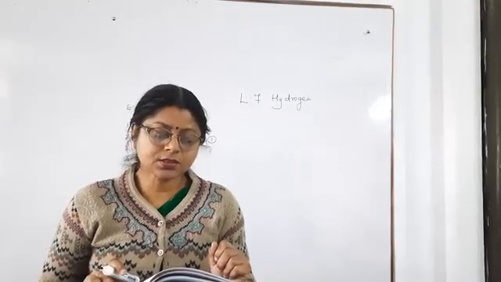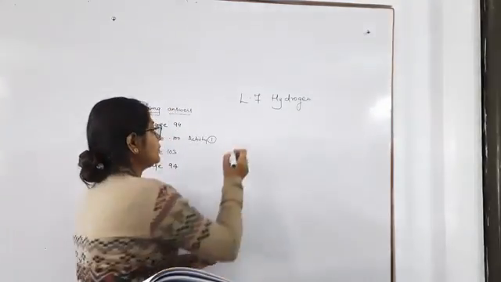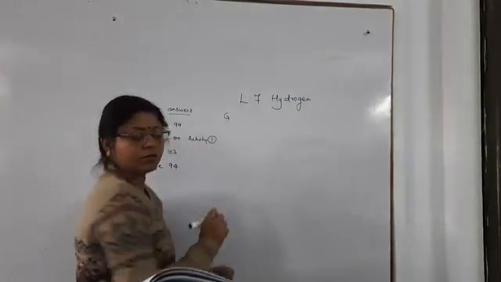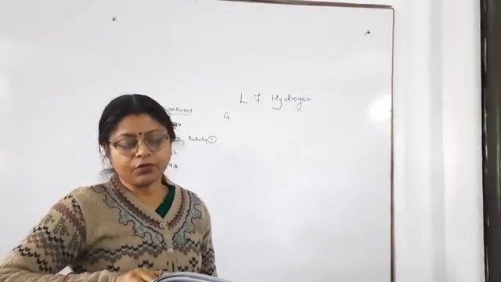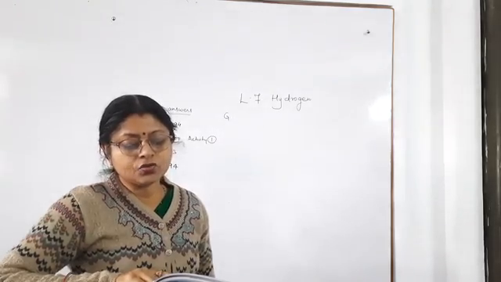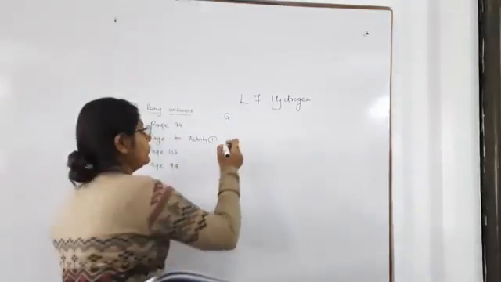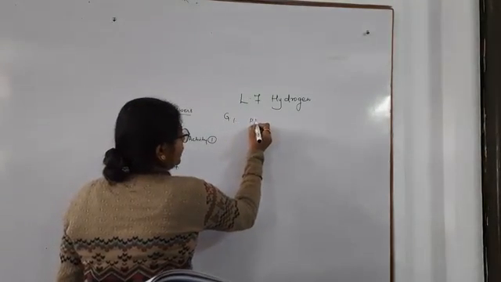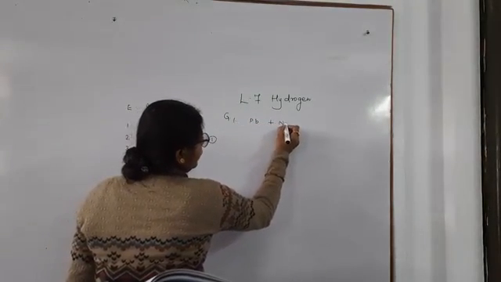Now next is question number G. Write down the balanced chemical equation for the following reactions. Lead reacts with sodium hydroxide. Lead Pb reacts with sodium hydroxide NaOH.